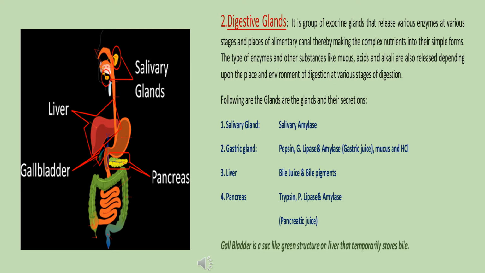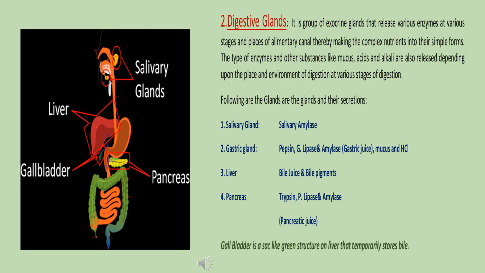One by one we will try to understand the different types of digestive glands and the enzymes they release. First in order is the salivary gland, which is found in our mouth, and it releases an enzyme known as salivary amylase. Salivary amylase digests the starch into maltose.